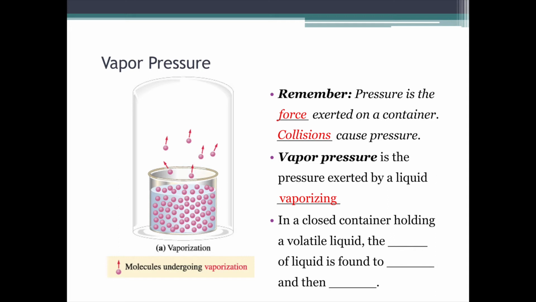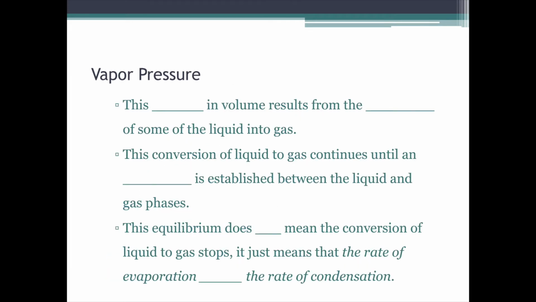So if I were to take a liquid and put it in a closed container like this bell jar, think about having a glass of water and you cover it. In a closed container holding a volatile liquid, meaning one that will evaporate, the volume of the liquid is found to decrease and then level off. So we're going to talk about why that happens.